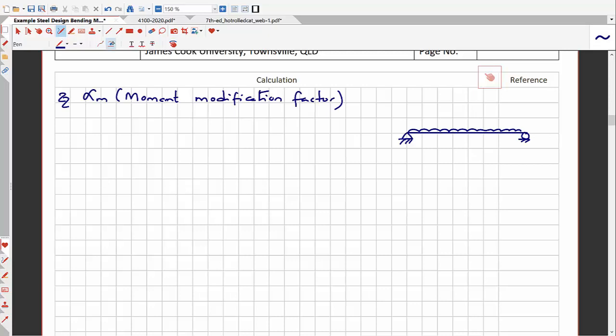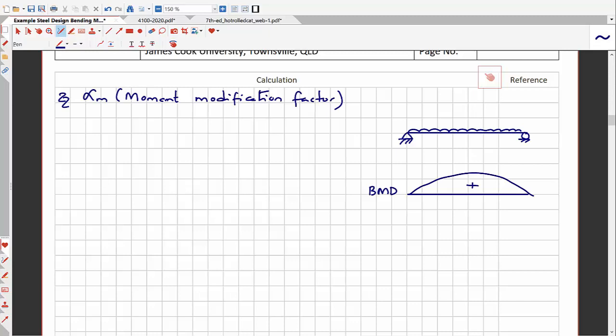So that means our bending moment shape is parabolic, like this one. So we need to find alpha M for this bending moment shape from the table.